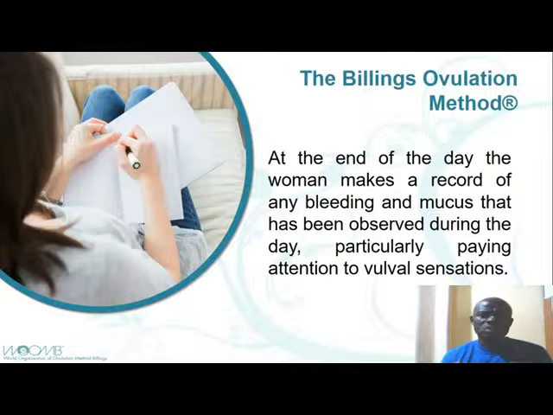For the first 2 weeks you will be required to abstain and to make the observation so that we can ascertain the pattern that has emanated, and we can tell whether you are in fertile phase or in infertile phase.